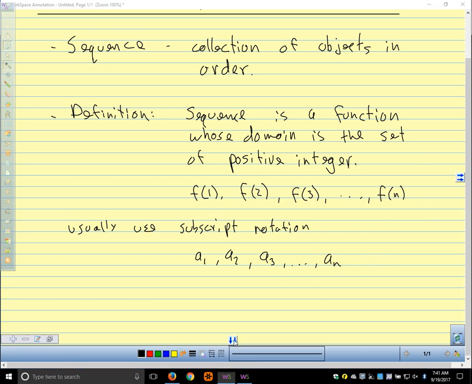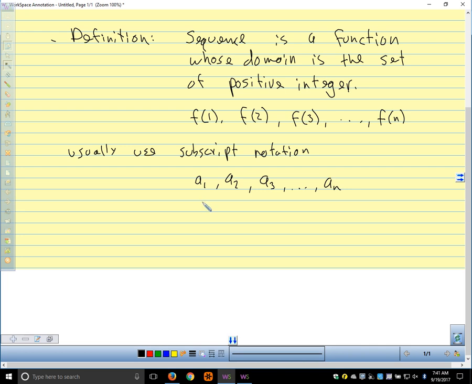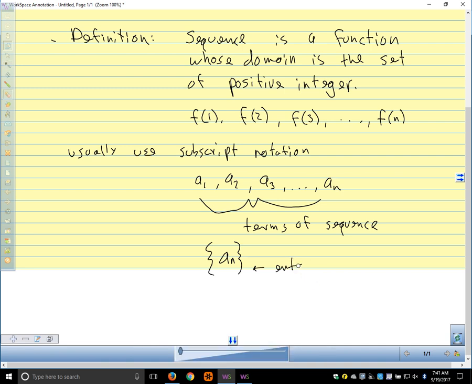These are the terms of the sequence. When we put it in braces and I say a sub n, this refers to the entire sequence. So we list the terms individually; if we put it in braces, that's referring to all of the terms together.